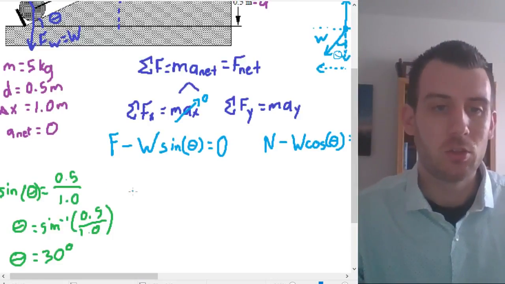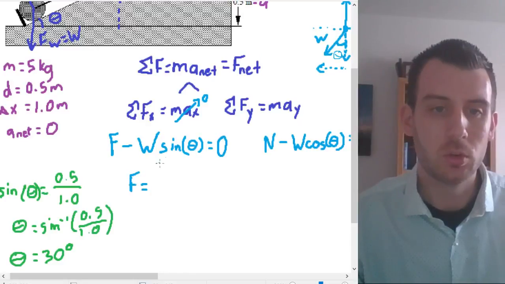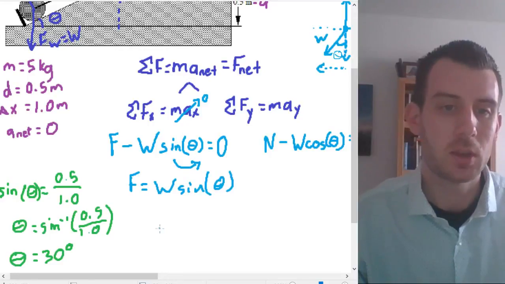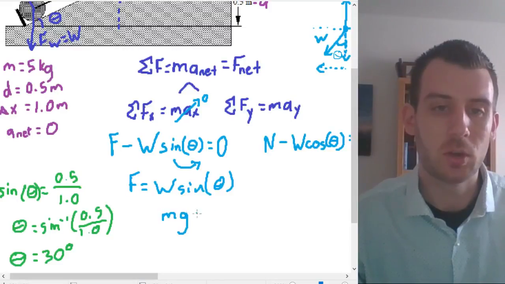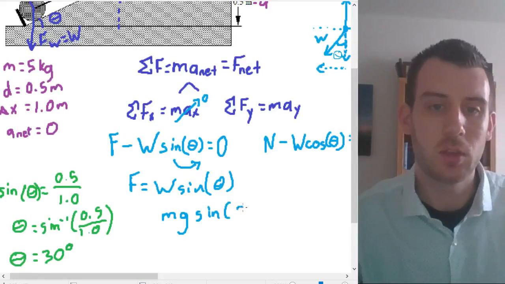Now it seems like I know just about everything. I can solve for the force. The force is equal to, well, moving the W to the other side gets me W sine theta. I can plug in what I know, which is that W is equal to the mass times the gravitational acceleration constant times sine of theta.